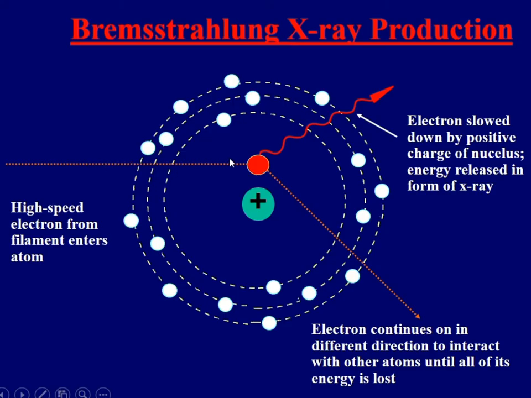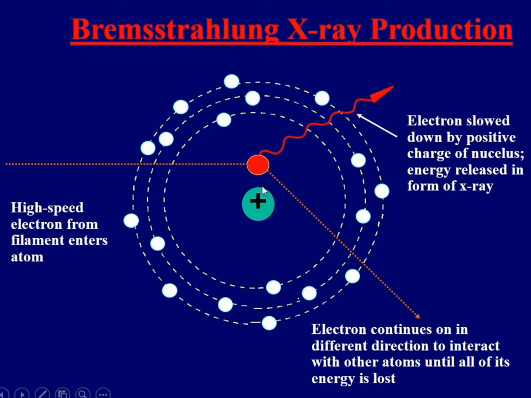Now it is nearer to the nucleus, and the nucleus is positively charged, and the electron is negatively charged. So there is some Coulomb interaction between both of them. Because of the Coulomb interaction, the nucleus will try to attract this electron towards itself.